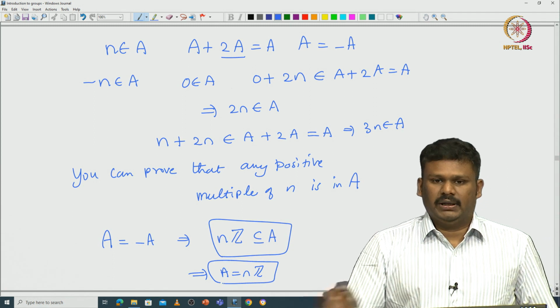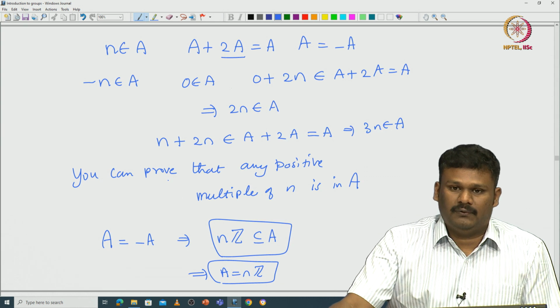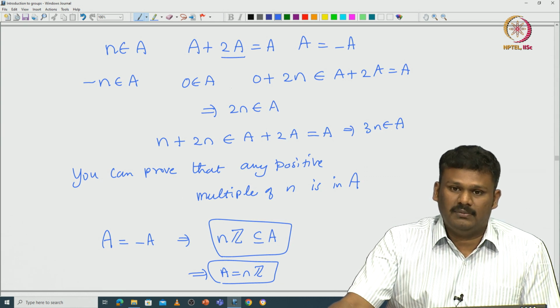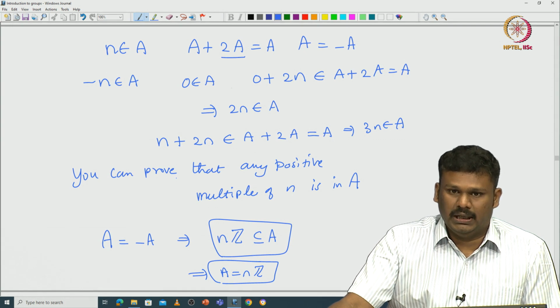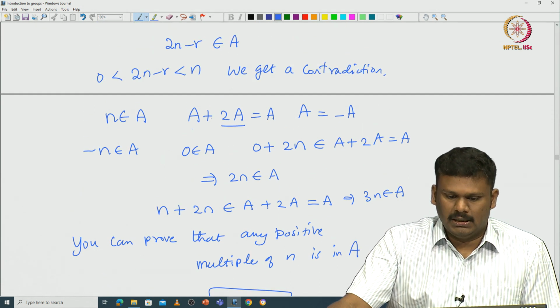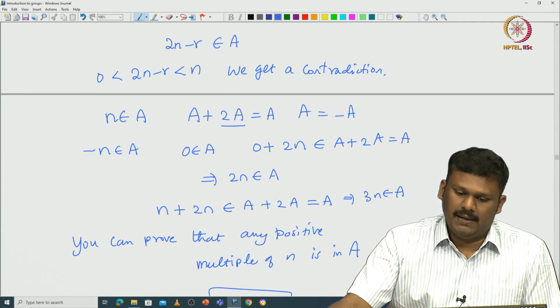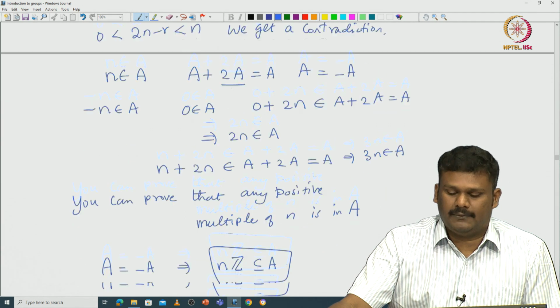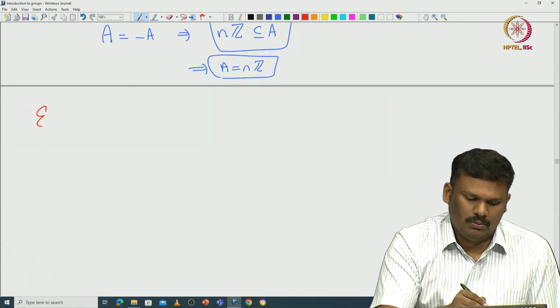Okay. So, indeed what we have proved is that any subgroup of integers must be of the form nZ. So, on the way we actually gave various characterizations of these subgroups. One important particular characterization is that it is enough to have just 0 is in A and A is symmetric and A plus 2A is equal to A. So, now I will leave it as an exercise to think about.